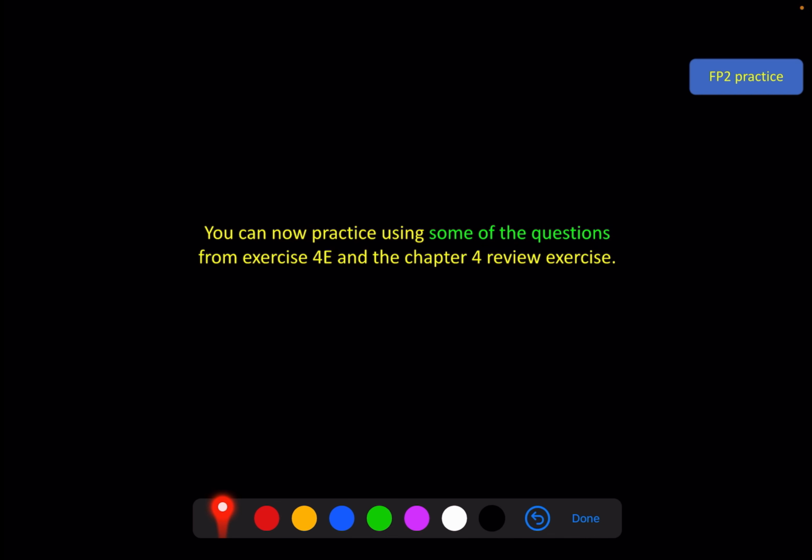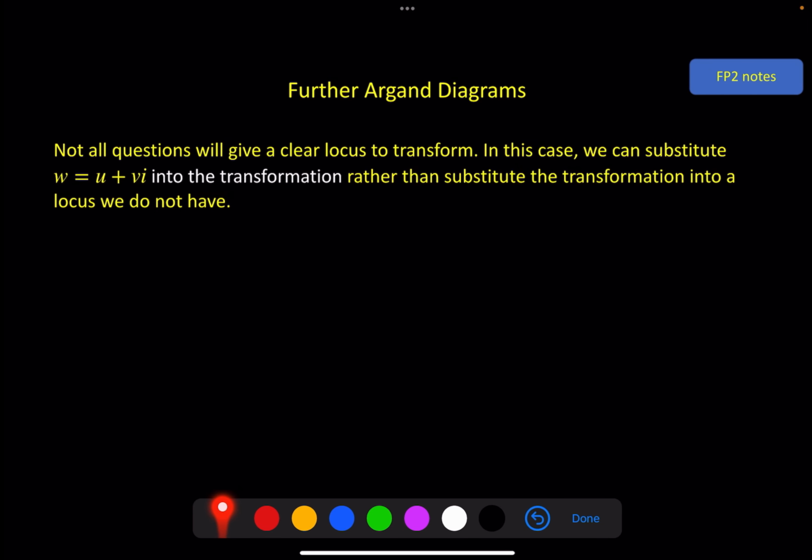the final part of the video will go into some harder examples and a slightly different method of dealing with them. So the difference here is that not all questions will give a clear locus to transform. In the previous example, we already had that situation where we had to find the locus ourselves from the information given in the question.